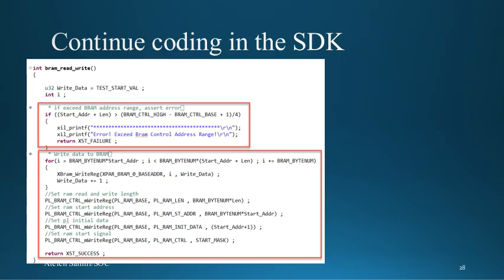Coding in the SDK, we will go to the BRAM read write function, which is the main function of the main.c code. In this code, first the data is written by the BRAM controller.